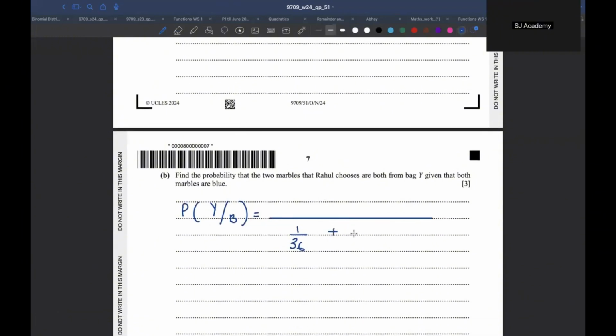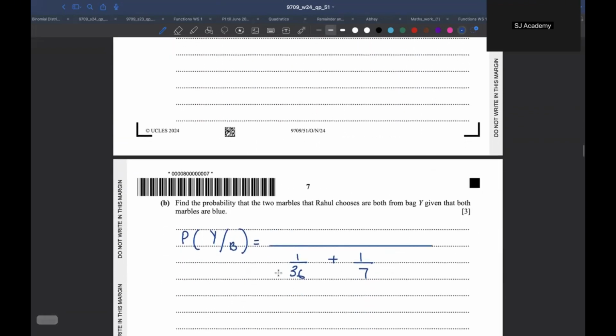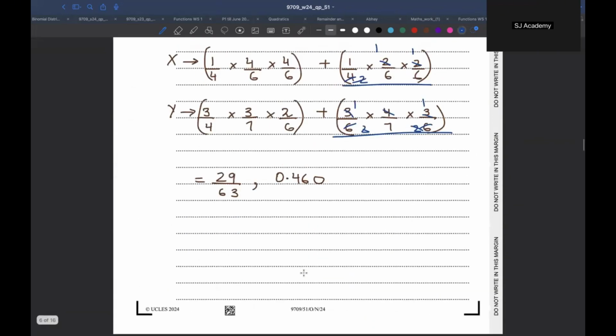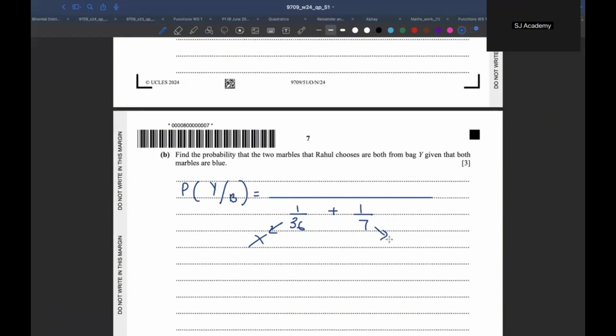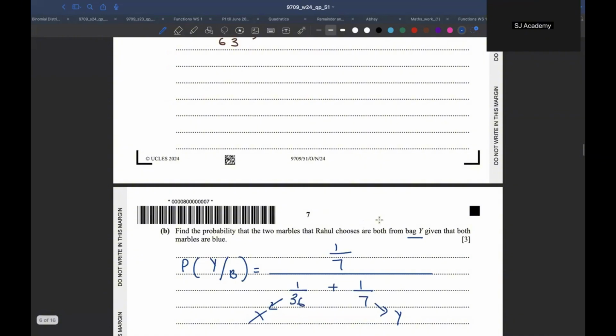This is the total probability of getting blue marbles. 1 upon 36 was from bag X, and this was from bag Y. So in the numerator, we'll have the probability of bag Y, which is 1 upon 7. Can you please put this in your calculators? Tell me what your answers are. Is 1 upon 7 correct? I just need to check this out.